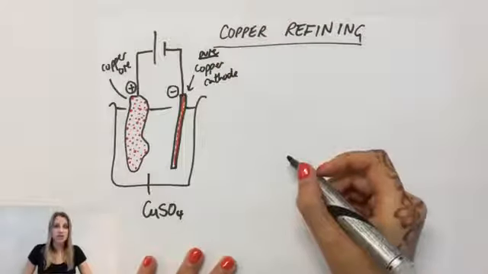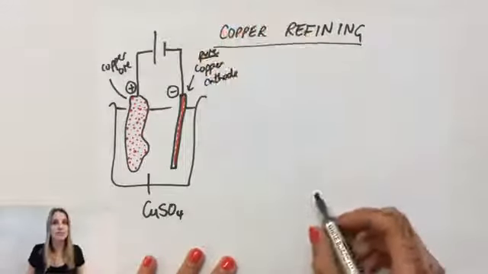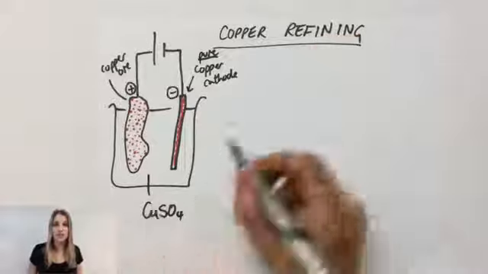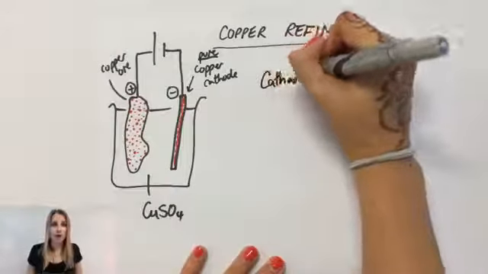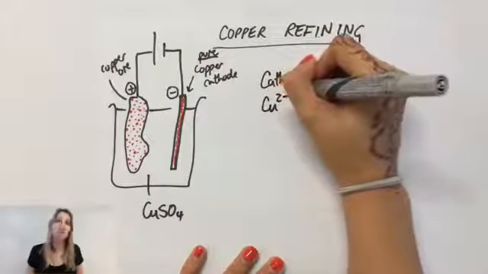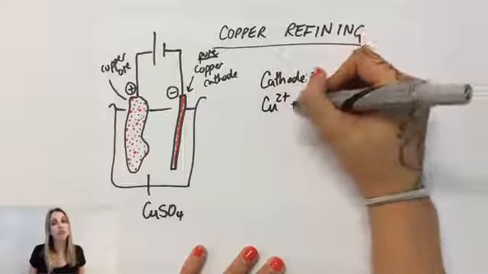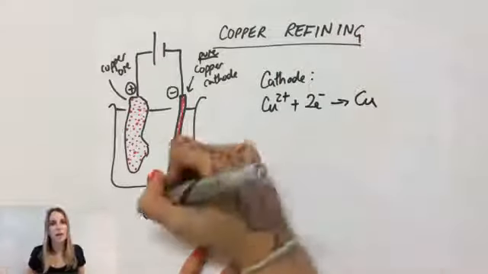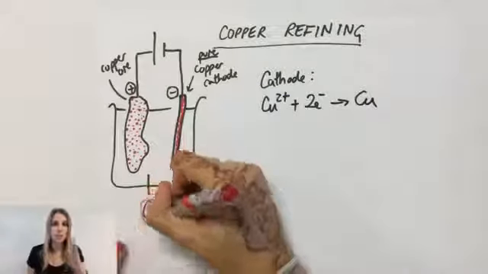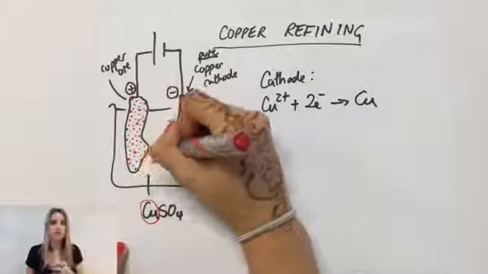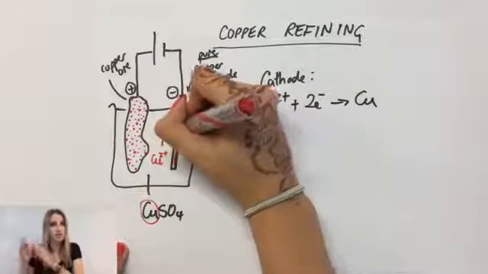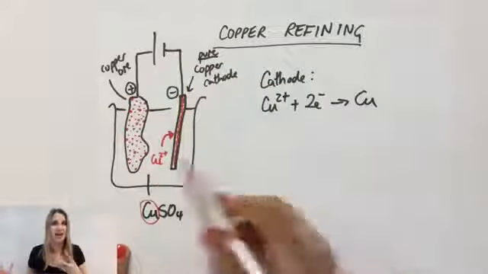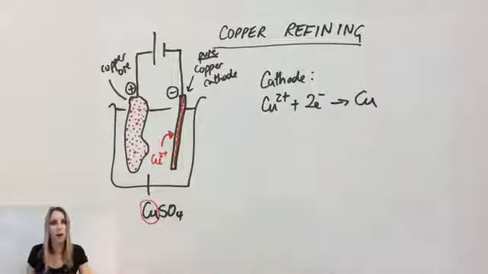So the equations work exactly the same as the previous equation because I've still got copper sulphate as my electrolyte. So at the cathode, I've still got Cu2+ from the electrolyte picking up 2 electrons to turn into copper metal. So you can see that Cu2+ going from the solution and being attracted to that cathode and building up that cathode into a bigger piece of copper.